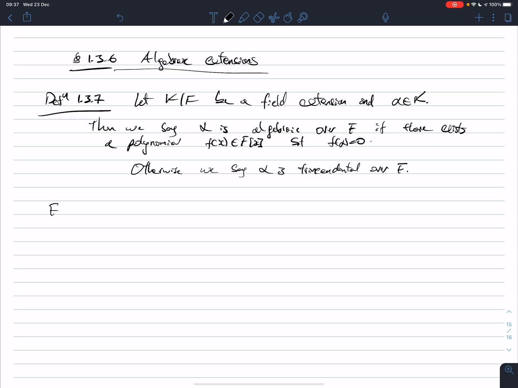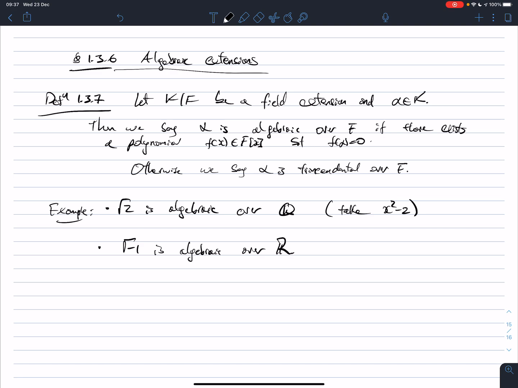So here's some examples. For example, root 2 is algebraic over the rational numbers. Obviously you can just take x squared minus 2. That works. Square root of minus 1 is algebraic over the reals.